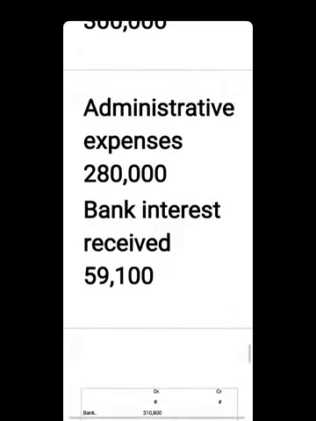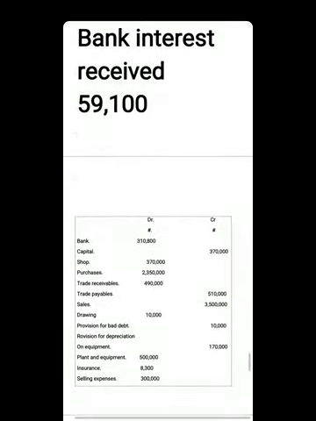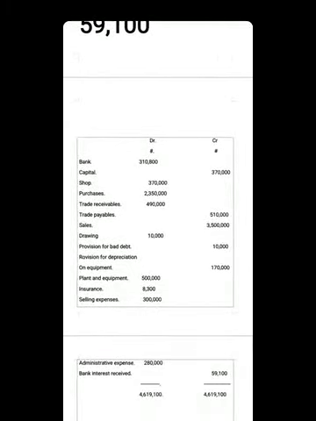Bank interest received 59,100 naira. And then we are told to compute the trial balance. In a trial balance now, as I've explained before, assets and expenses stay at the debit side, liabilities and income stay at the credit side.